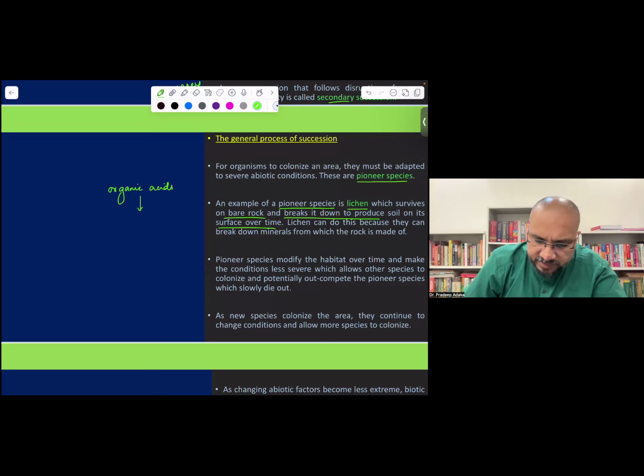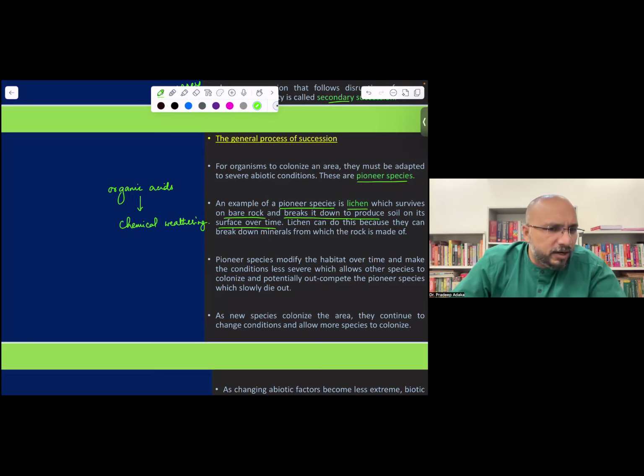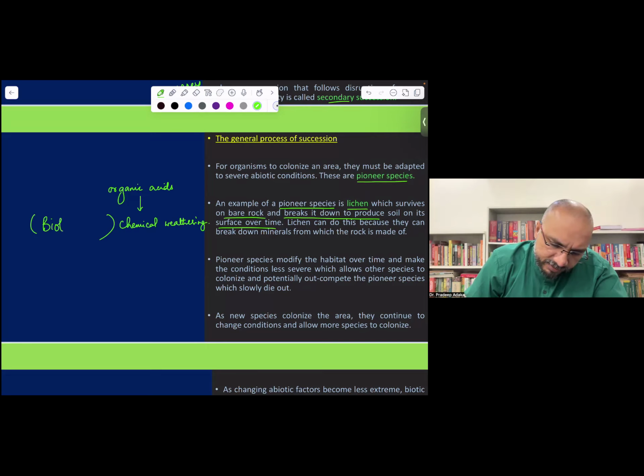So these organic acids help in chemical weathering of rocks. देखो, basically because a biological organism is involved, we do not directly say it is chemical weathering, but it is biological weathering क्योंकि biological organism involved है.